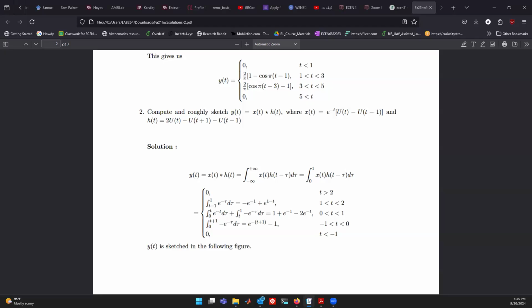So this is 1 and this is 1. And this part will be 0 because we multiply this exponential by this rectangle, so it will disappear. So the input signal is just this part.